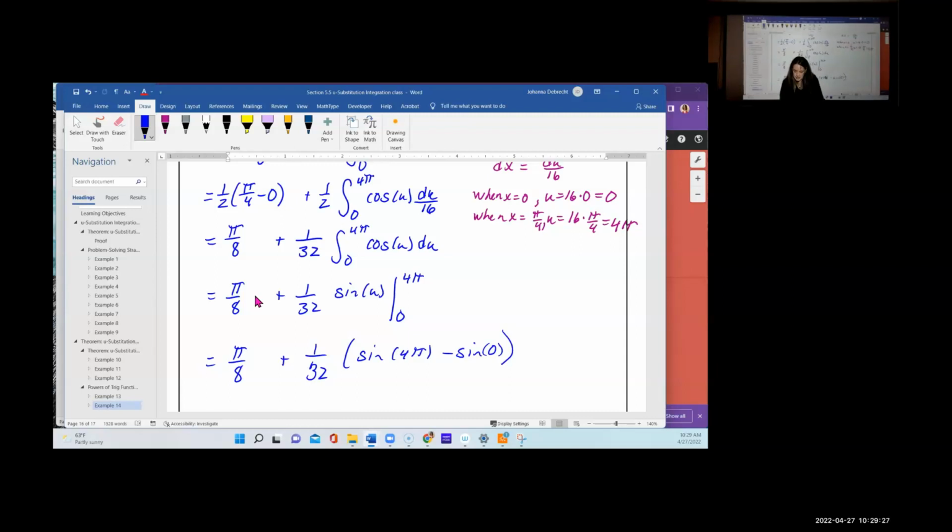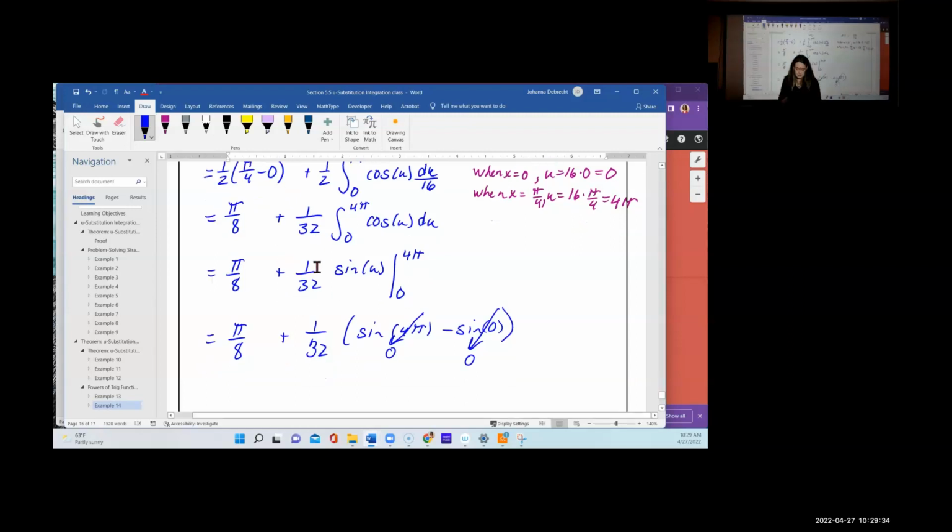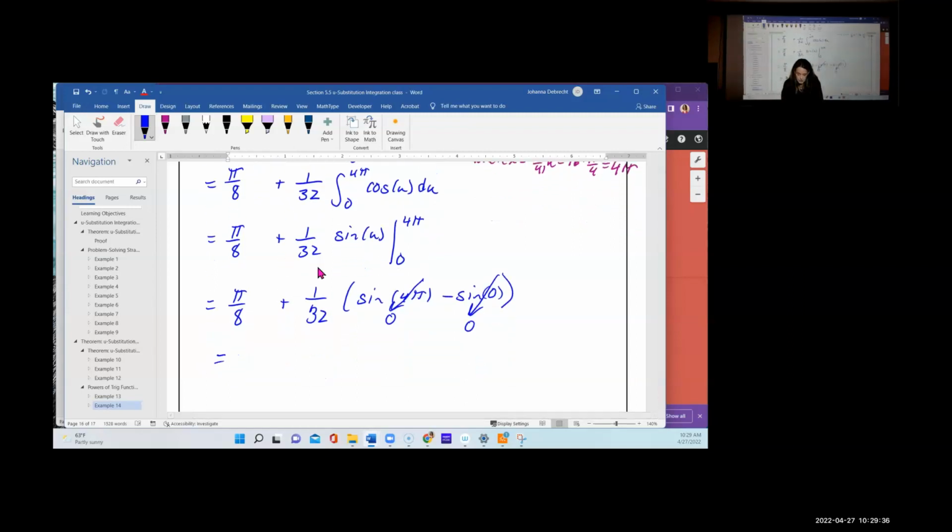So did this second integral actually add anything to the area? No, it did not. So our final value is pi divided by 8, which comes out to be roughly about 0.4, slightly less than 0.4, so 4/10.